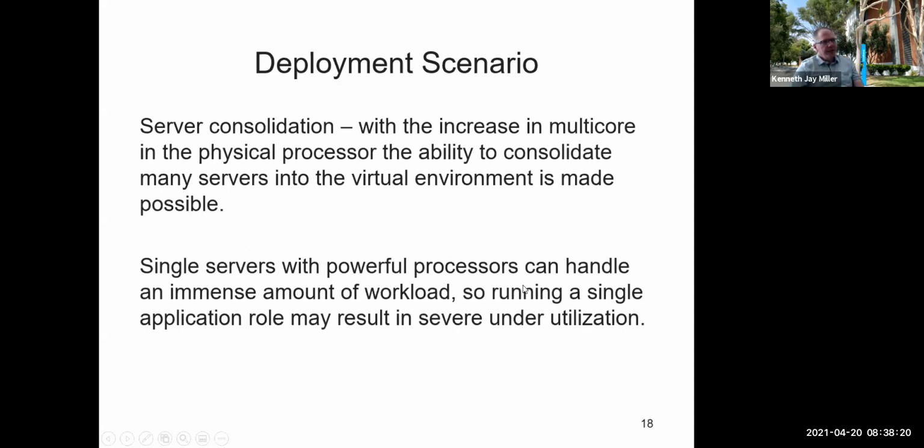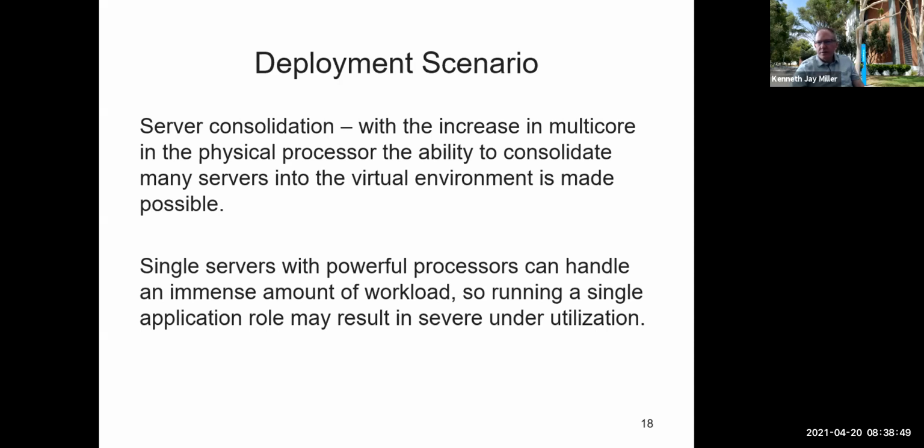All right. Now, the increase in multi-core processors gives you the ability to do more on the same hardware. So single servers with powerful processors can handle a huge amount of workload. So running a single application role may result in severe underutilization.